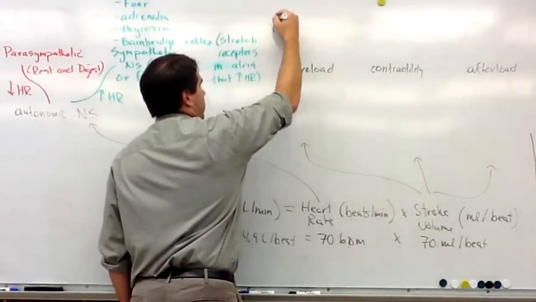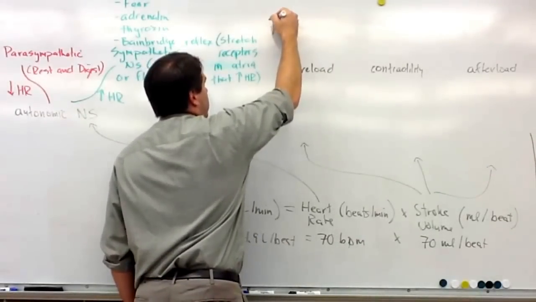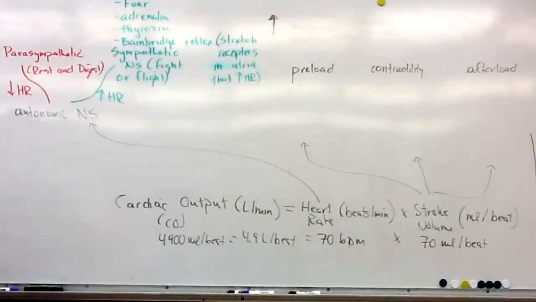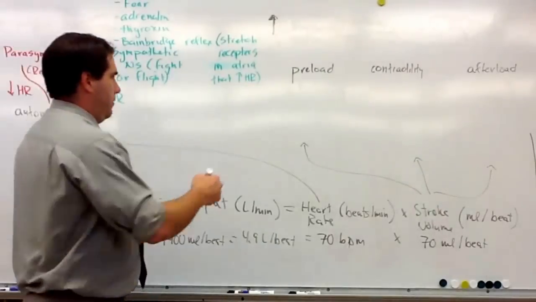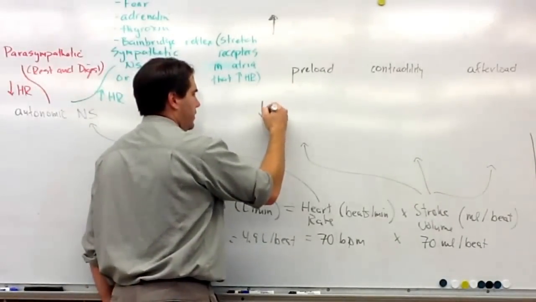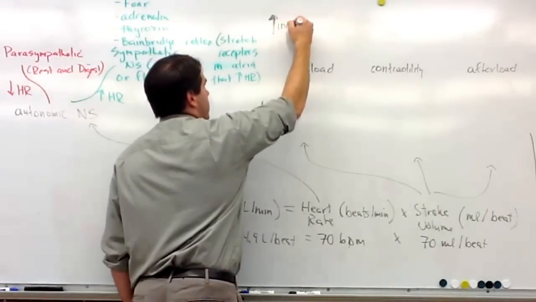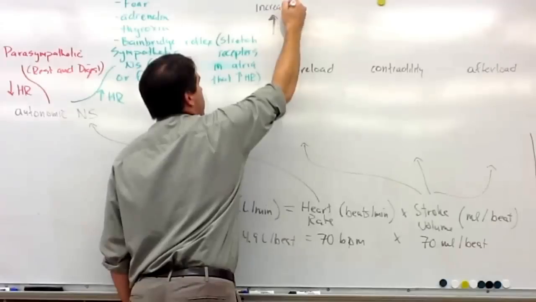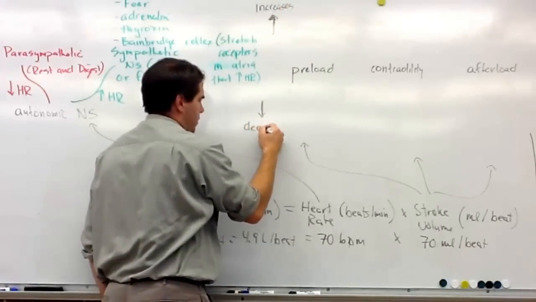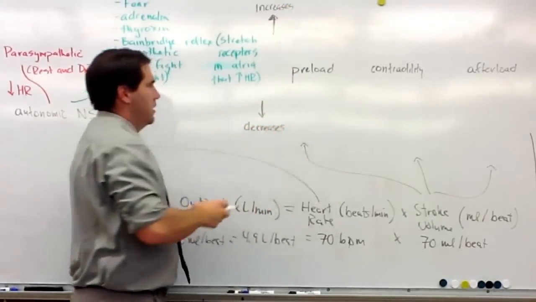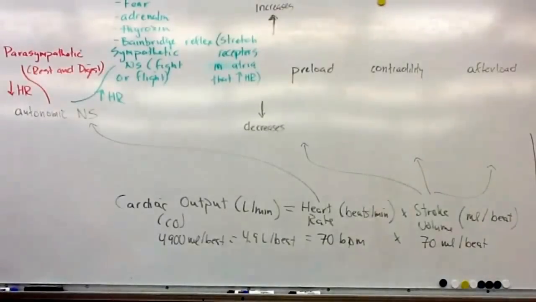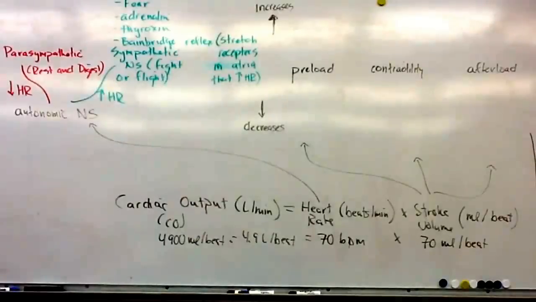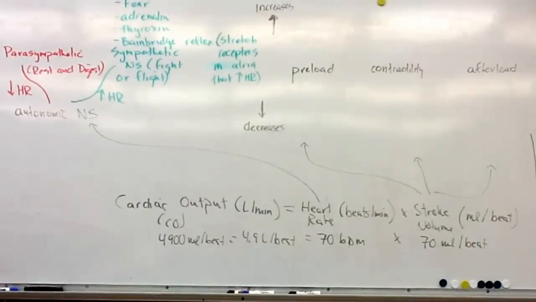But if I write something above the word, it means it increases preload, contractility, or afterload. If I write something below, it means it decreases. Which, at least for preload and contractility, are going to be fairly straightforward. But for afterload, it gets a little complex.